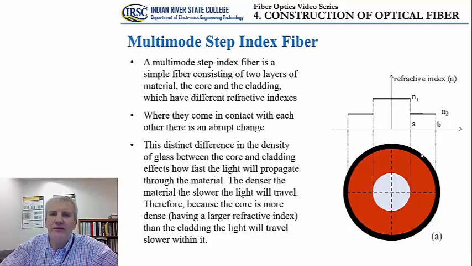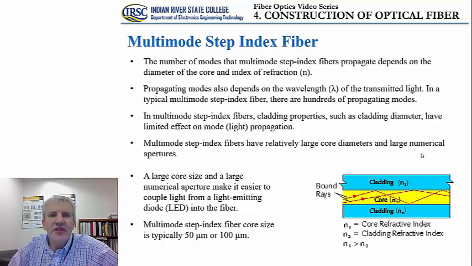compared to the speed of light in the cladding. Let's look at the multi-mode stepped index fiber from the perspective of the number of modes. Since we are talking about multi-mode fiber, we have a number of modes propagating along the core, and the number of modes that will be propagating is a direct function of the diameter of the core and the index of refraction.